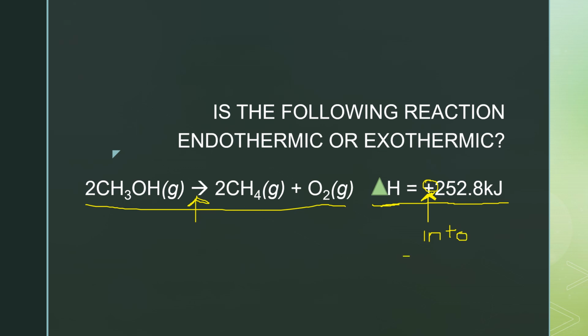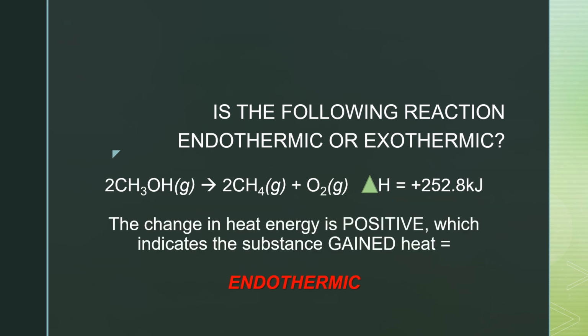Into the substance is endothermic. Endo, into, same thing. So this would be endothermic. Since the change in the heat energy is positive, here's the positive right here, that indicates the substance gained heat, it absorbed heat, so it's endothermic.